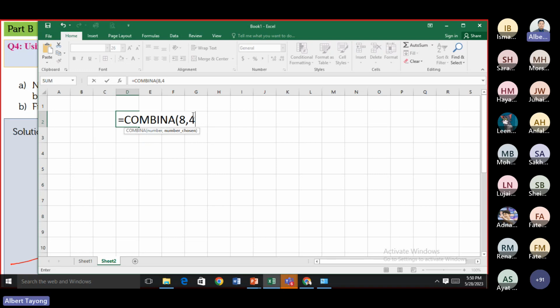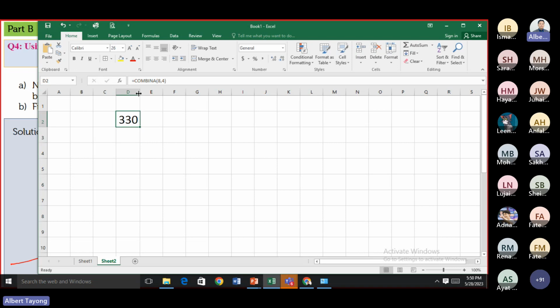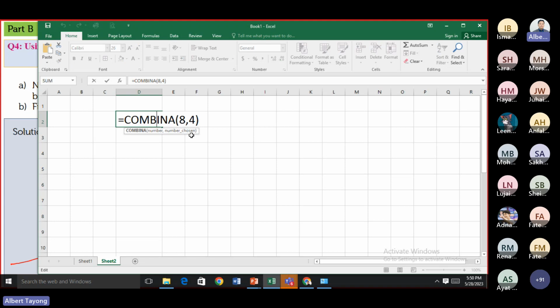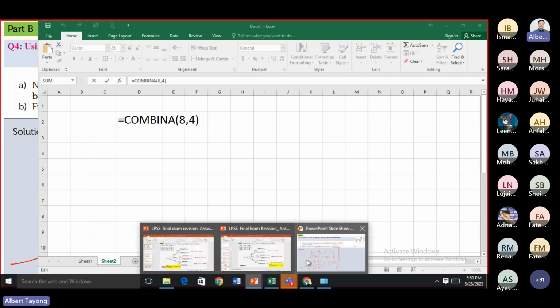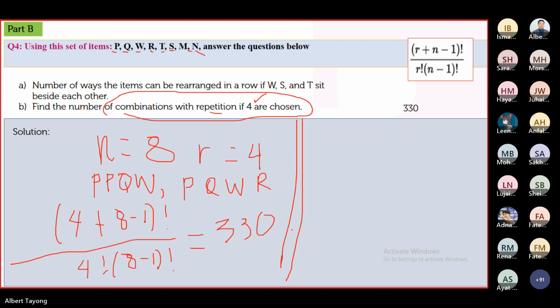We have 8 items and we're going to choose 4 every time. See, the answer is 330. So while practicing at home and you have a laptop, for example, or any computing device, open your Excel and try to test, try to check your answers. Okay, so the answer is 330. I hope this is very clear to everyone.